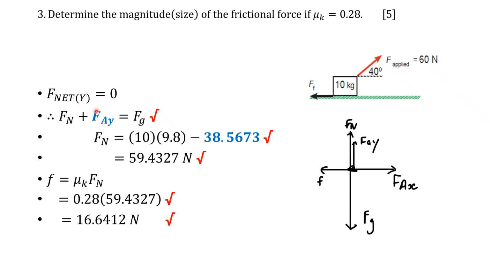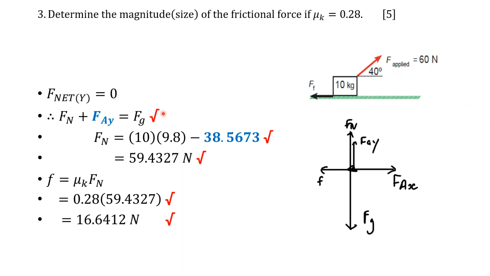Now from there, force of gravity would be 10 times 9,8, which is 98. The force applied in the y direction we solved in the previous problem was 38,5673. So 98 minus that gives me 59,4327 newtons.